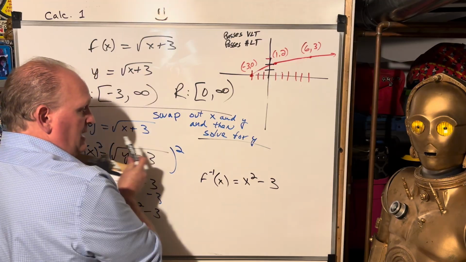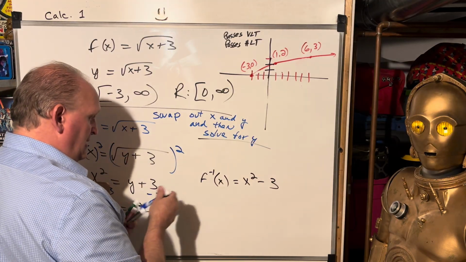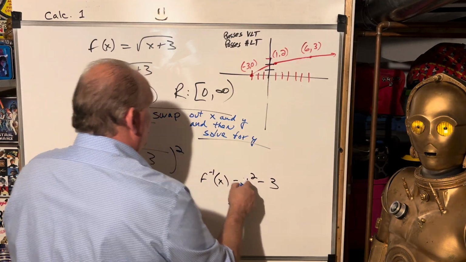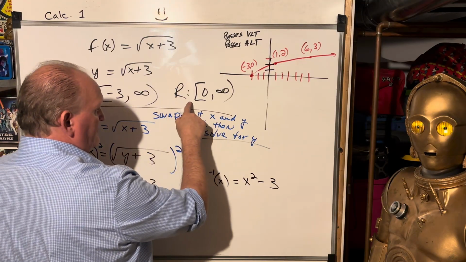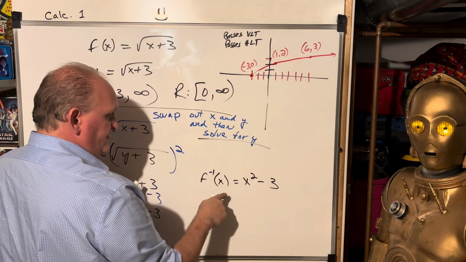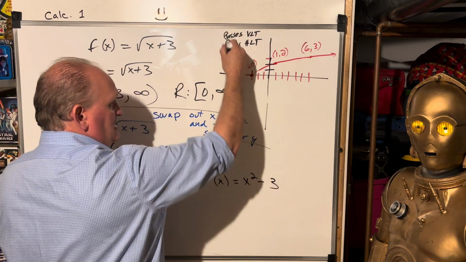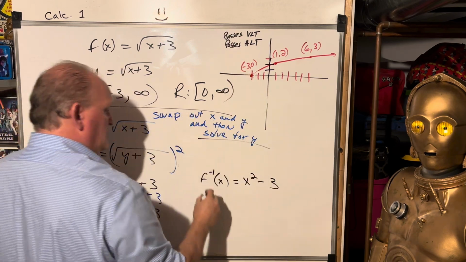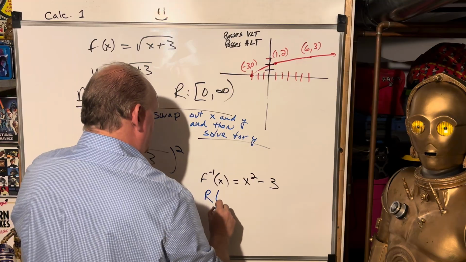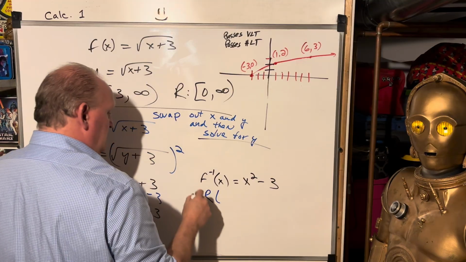So when I look at this, that's a parabola that opens up, but because I did it as the inverse of this function, it's y equals x squared, but it can't exist over here because I've got to use the range as the domain.